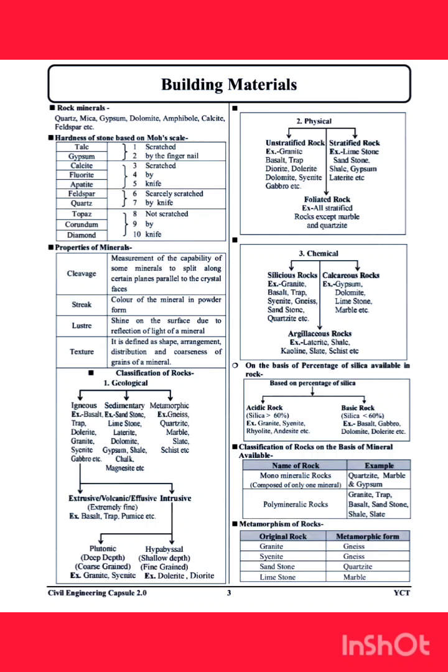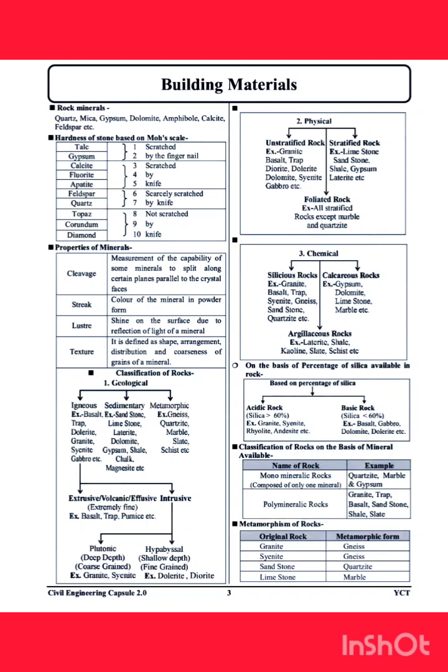Similarly, basic rocks are like basalt, gabbro, dolerite, etc. Similarly, classification of rocks on the basis of minerals available: monomineralic rocks are composed of only one mineral, like quartzite, marble, gypsum. Polymineralic rocks are composed of many minerals, like granite, trap, basalt, sandstone, shale, etc.